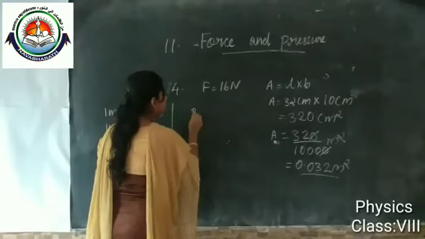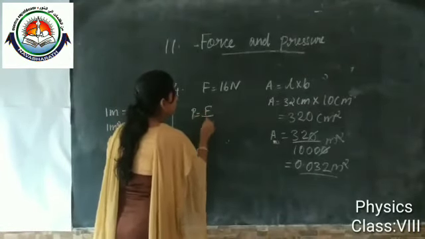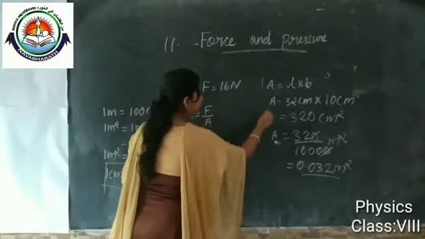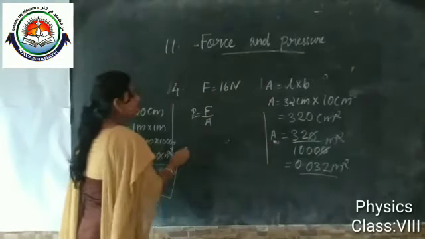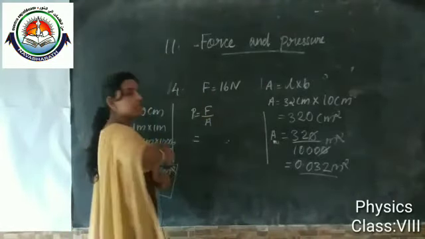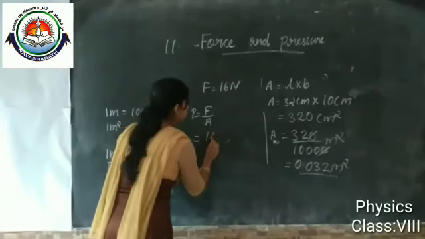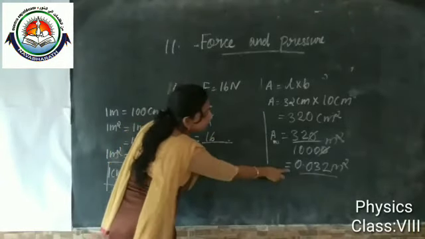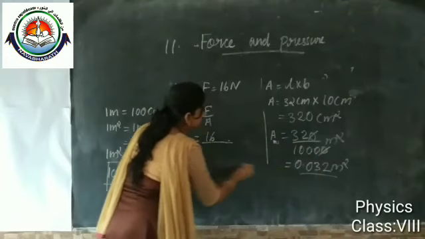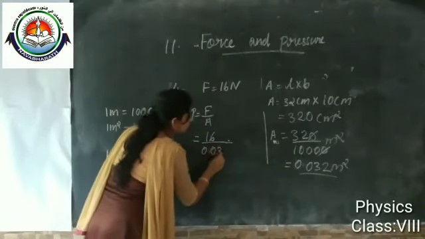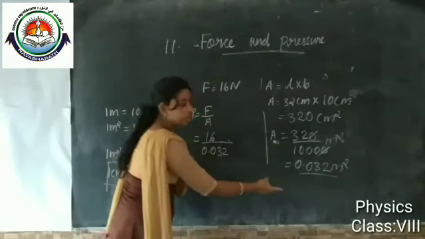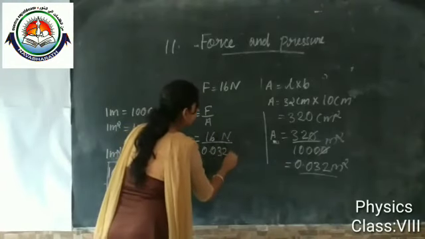Pressure is equal to force upon area. Force is given 16 Newton. So 16 divided by 0.032 meter square.